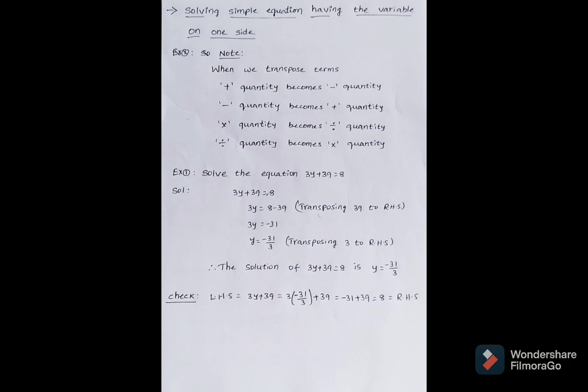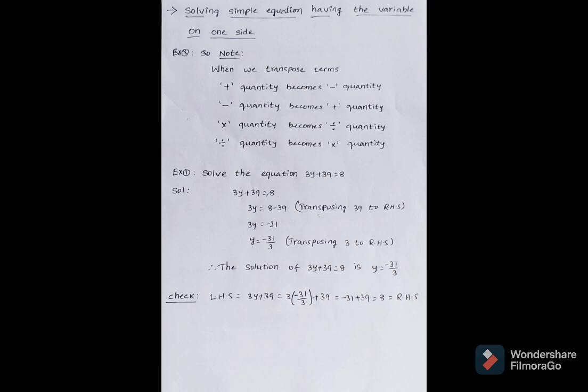Example 1. Solve the equation 3y plus 39 equal to 8. Given equation 3y plus 39 equal to 8. Plus 39 transposing to RHS will change to negative. So 3y equal to 8 minus 39. So 3y equal to minus 31.